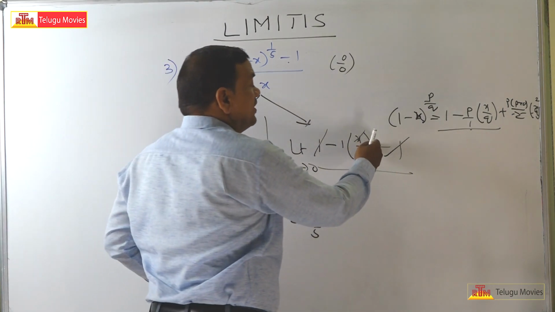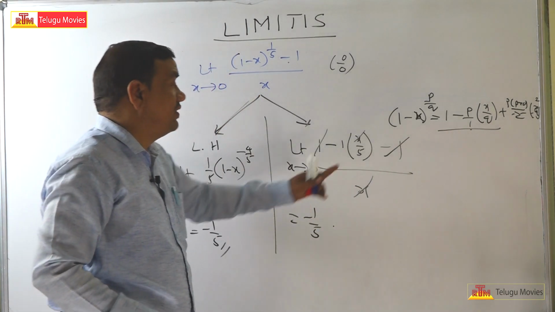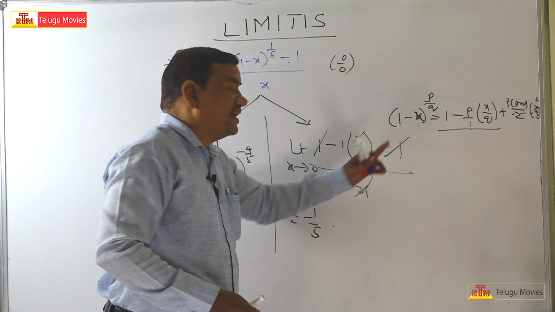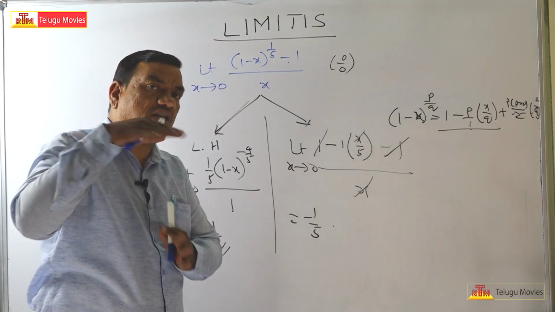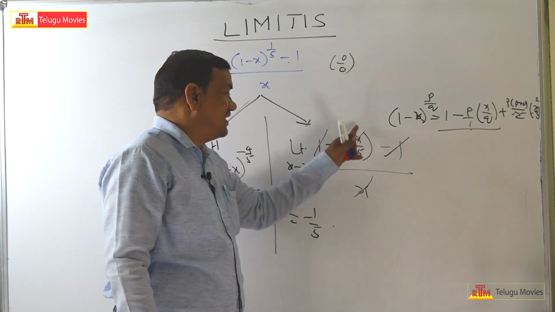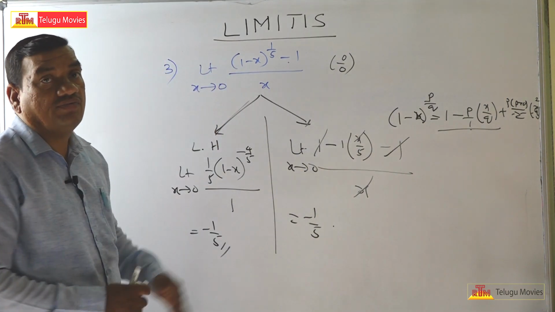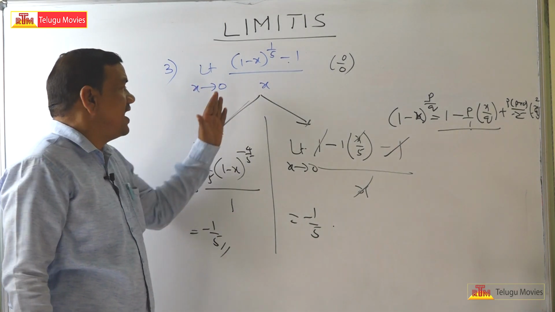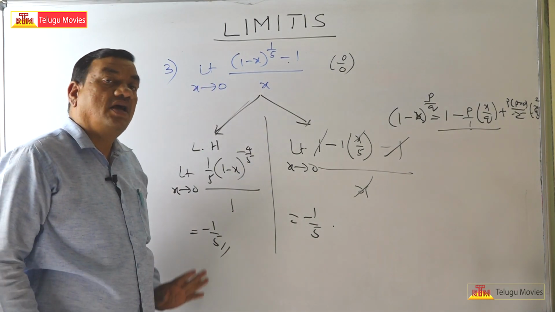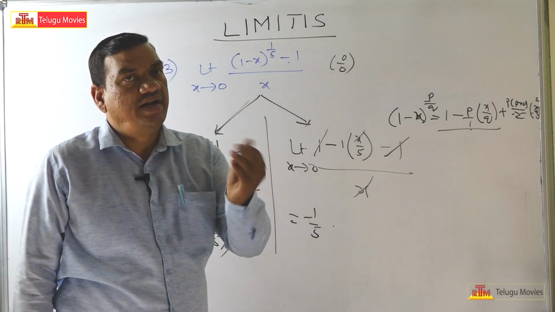Because even if you write down x square terms, x square by x, x will get cancelled, you will get x tends to 0, so all remaining terms tend to 0. So here plus 1 minus 1 will cancel, x will cancel, your answer is minus 1 by 5. So be careful while applying the L'Hospital rule. Okay? Right. So I hope that you understand this concept. So let us go for the next problem.